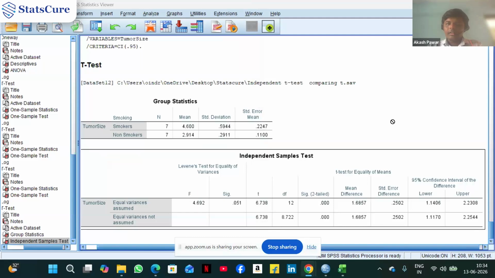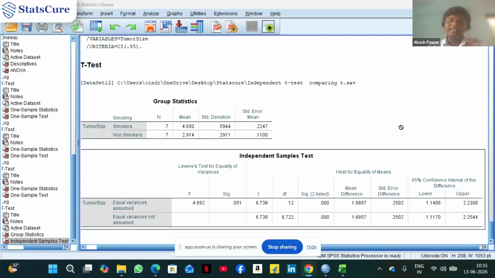Now what is less, what is high? Since smokers have high tumor size, we can say that based on p-value, mean tumor size in smokers is significantly higher than that of mean tumor size in non-smokers. Equivalent to tumor size mean is different in smokers and non-smokers.